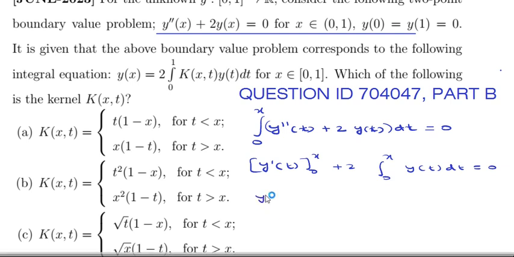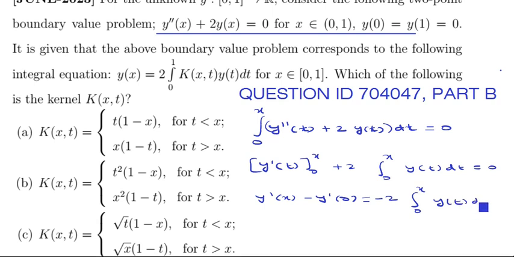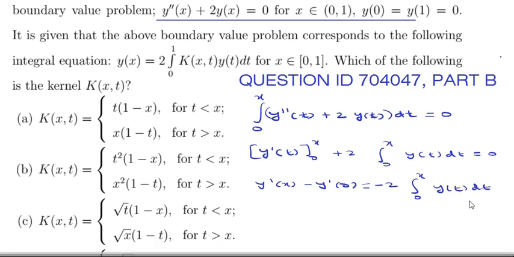Substituting the limits, upper limit minus lower limit, we get y dash of x minus y dash of 0 equal to minus 2 times integral 0 to x y of t dt.